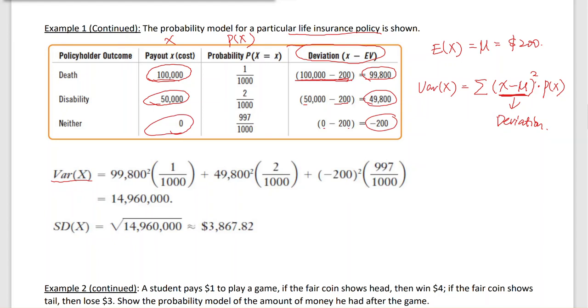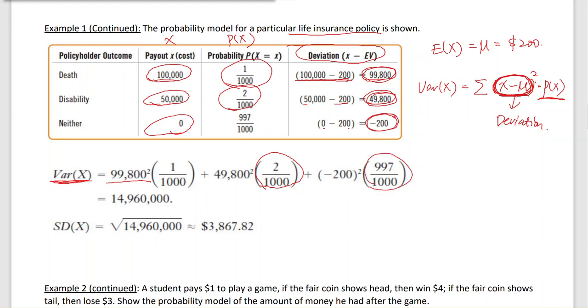To calculate the variance, we square each deviation and multiply by the corresponding probability, for the first outcome, the second, and the third.